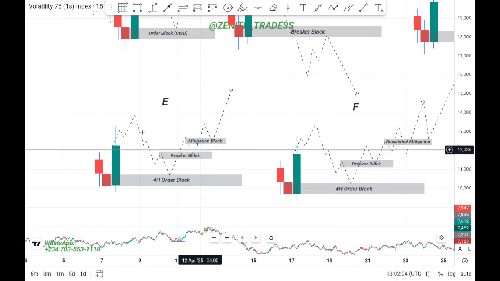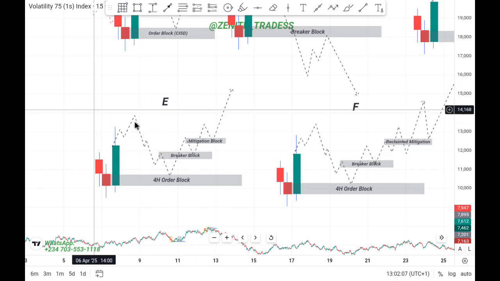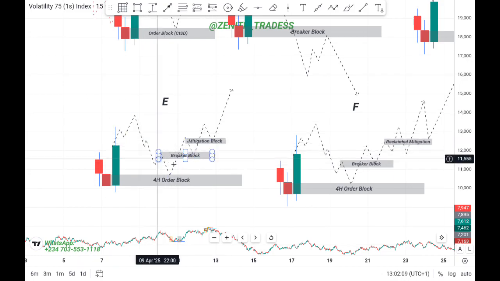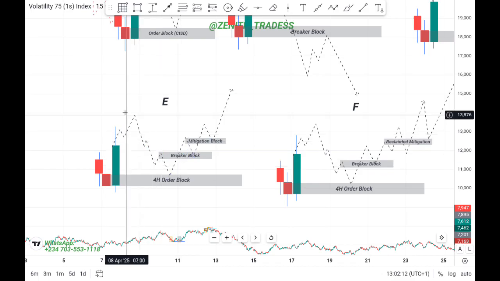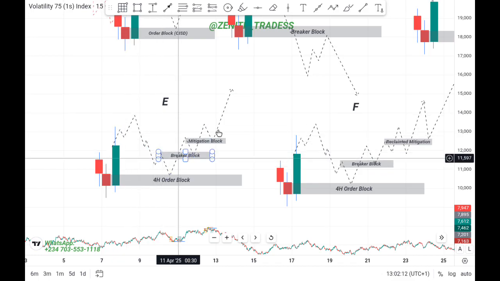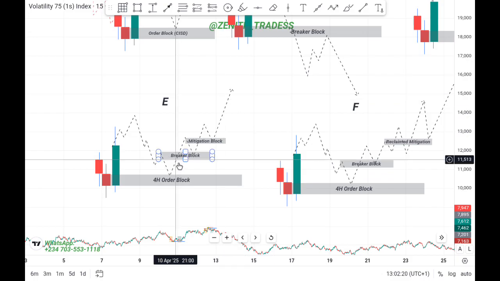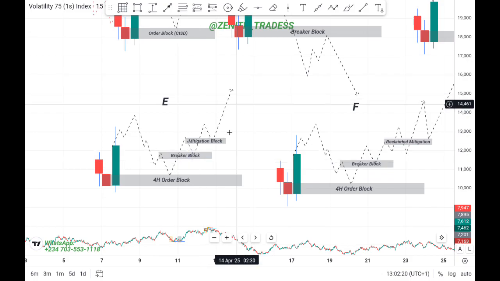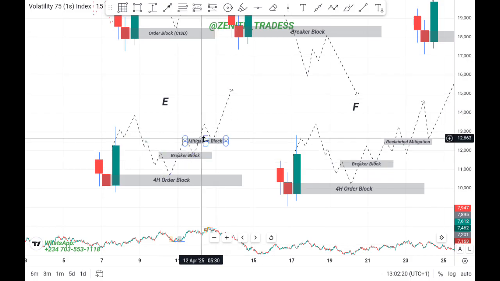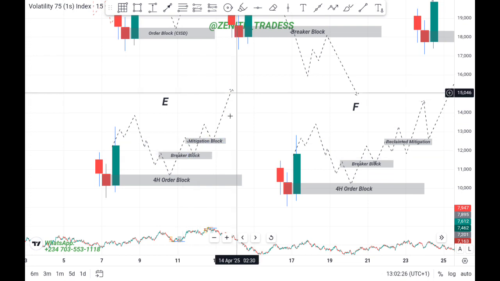What you should take away is that breaker blocks are from the previous trend before a change of character, whereas mitigation is from the existing trend supporting price higher, if it's a bullish trend. For bearish, it's just for trend continuation. Either bullish or bearish, it supports price to continue with its existing trend.